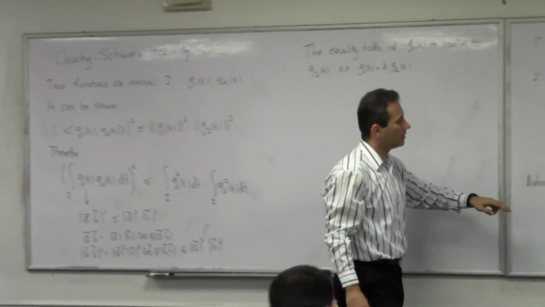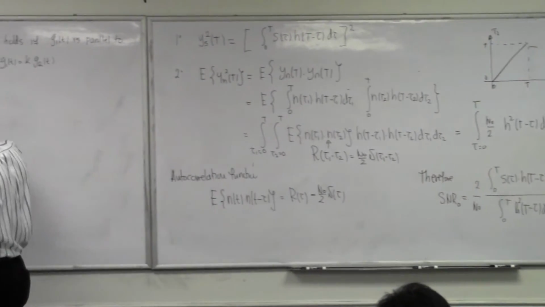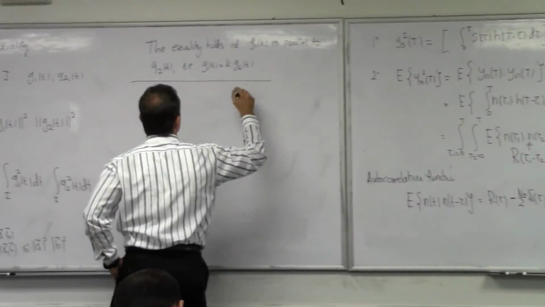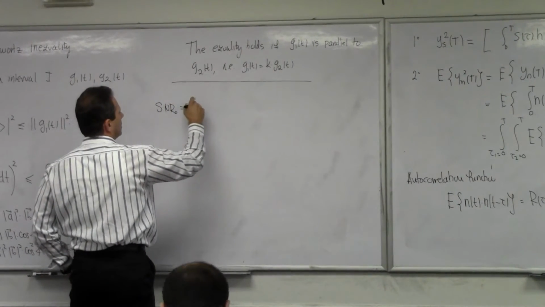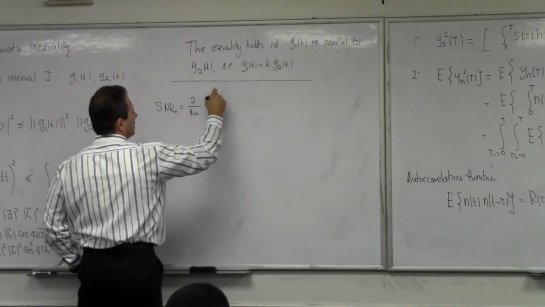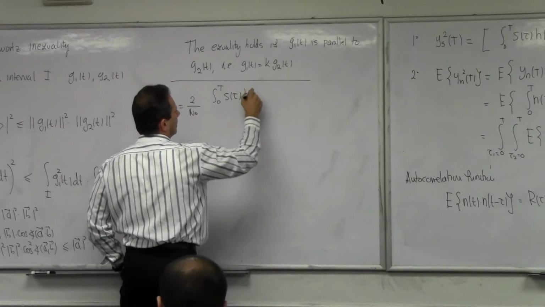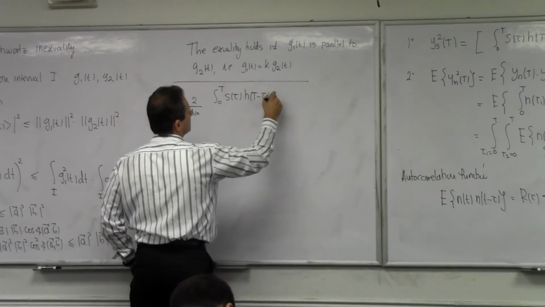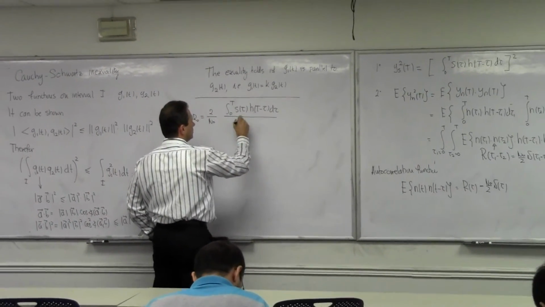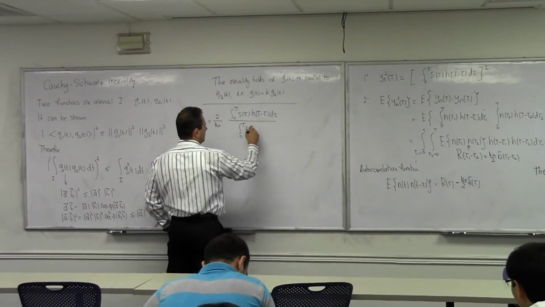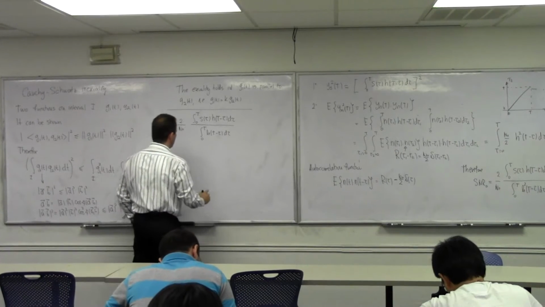So let's go back to our signal to noise ratio, this is where we start. Signal to noise ratio is 2 over n0, integral from 0 to T of s of tau, h of capital T minus tau, d tau, divided by integral from 0 to T of h squared of T minus tau d tau.